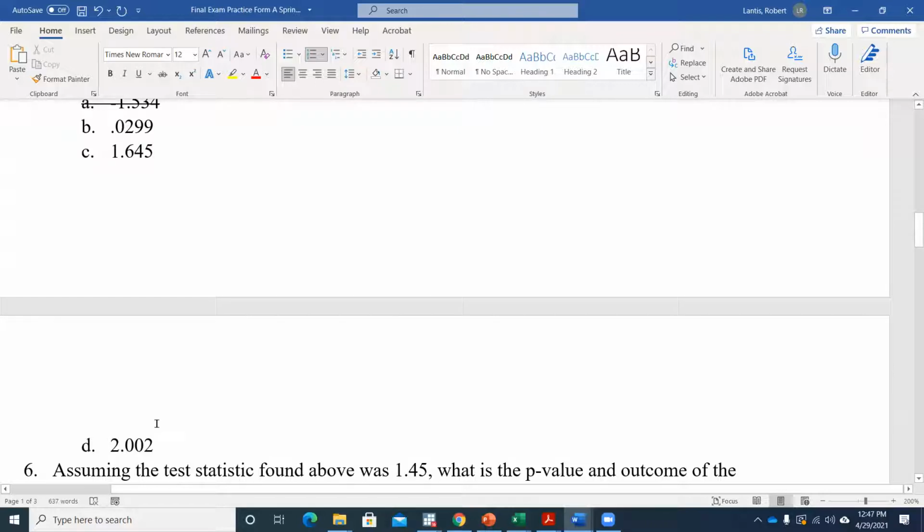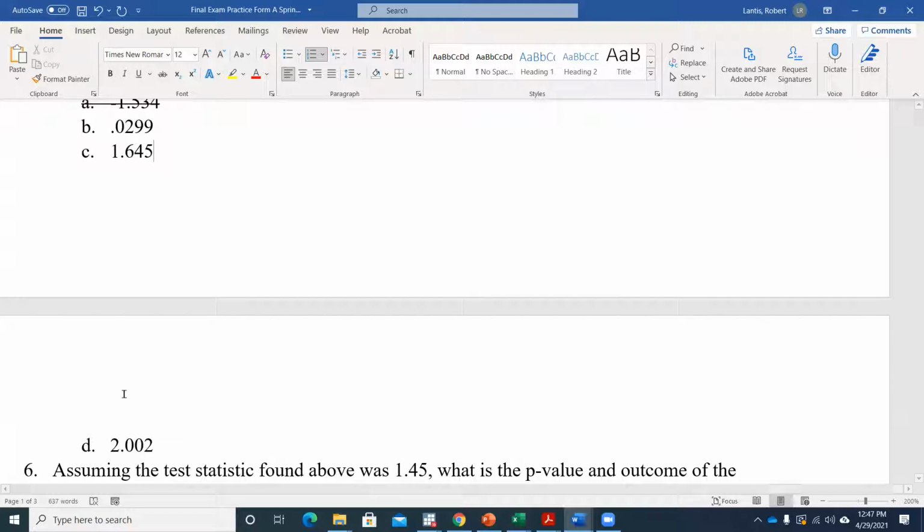If I plug everything in, I'm pretty sure we get 2.002. What were our two? 0.37, 0.31. So P bar is 0.34. So 0.34 times 1 minus 0.34 times 1 over 500 plus 1 over 500, square root of that, and then 0.06 divided by that.